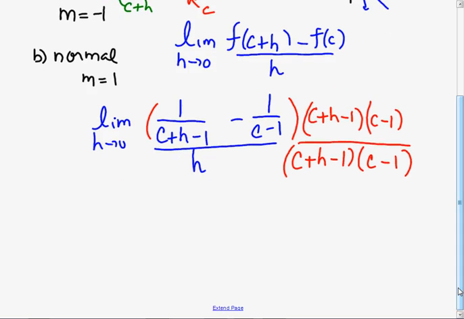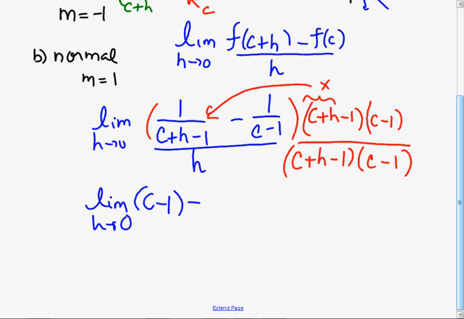Okay. Now you distribute that, and I pick the denominators nicely so I don't have to have those fractions. c minus 1 minus (c plus h minus 1). Do I need those parentheses? Yes.